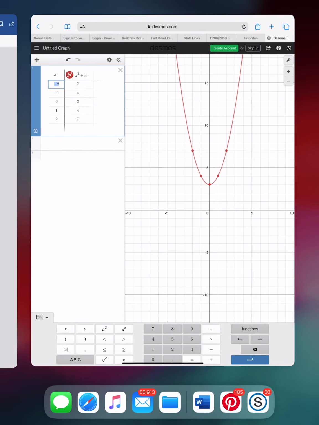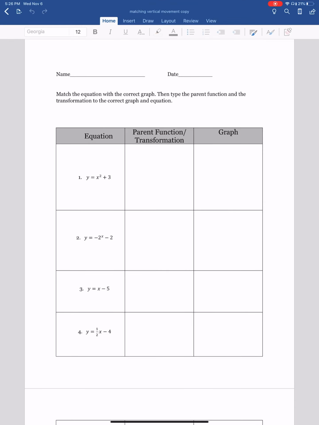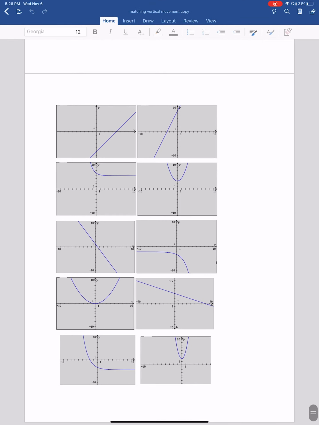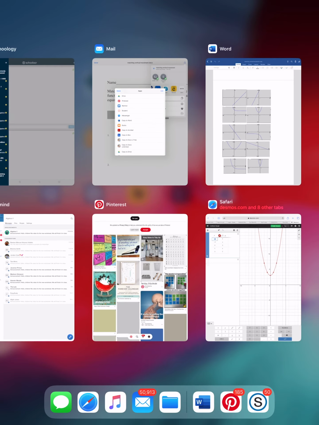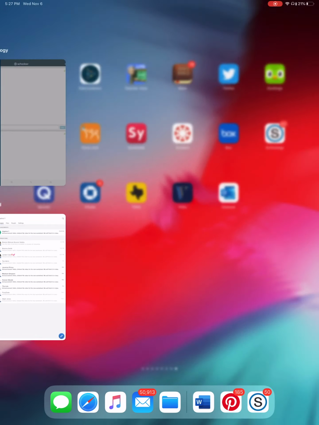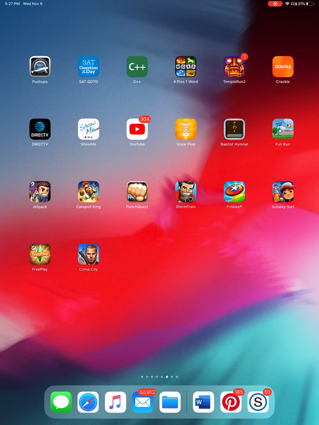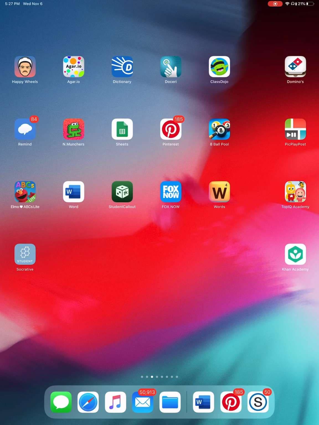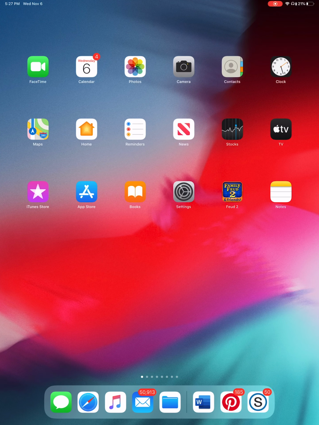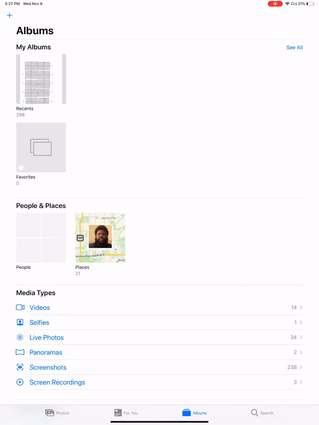So now I'm looking for that graph on this worksheet here. If I look, I see two parabolas or two quadratic functions. So going back to where we had numbered it, let me go to my photos. And there we go.